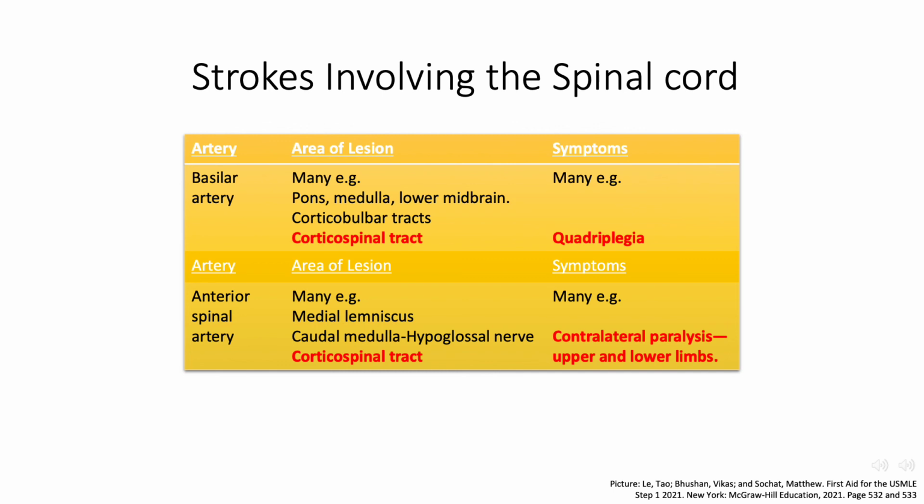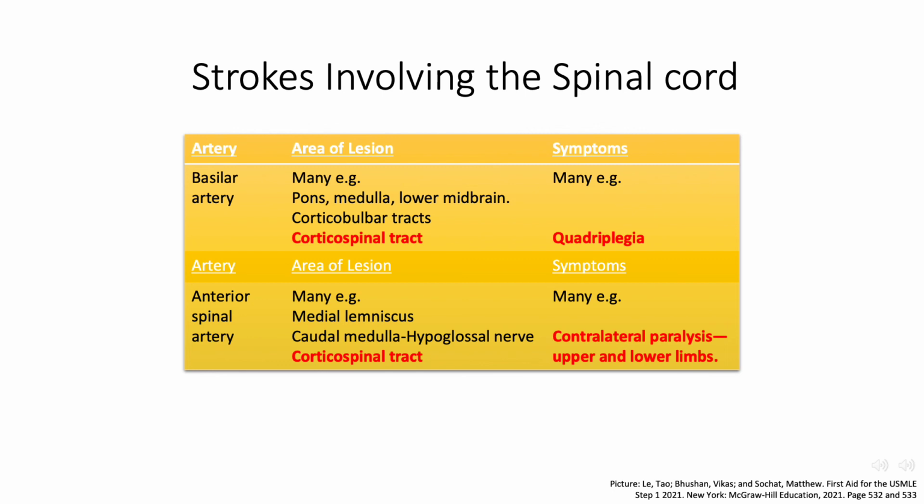If the basilar artery is occluded, for example, and no blood, oxygen, and nutrients are supplied to the relevant area, the corticospinal tract at that specific point will be impaired, and therefore the function of the corticospinal tract as a whole will be impaired. The symptoms will be quadriplegia because the basilar artery is found so high in the CNS. Its occlusion will impair supply of blood to all the neurons of the corticospinal tract, so you will not be able to move any of your limbs or any of your skeletal muscles, in fact.